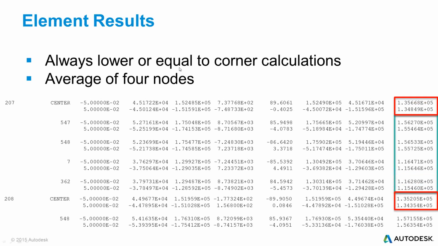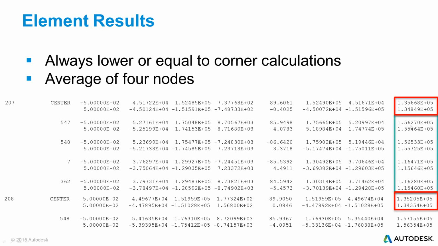For element results, it's the same sort of deal. You've got these corner calculations, and when you go to element results, I'm picking one value for the whole element. And so I have a center value, and I'm going to ignore my corner nodes, and I'm just going to take the center value. And notice that that center value, it was 150 something before, now it's 130,000, and that's because it's averaging these.